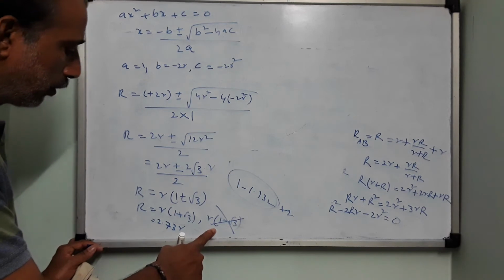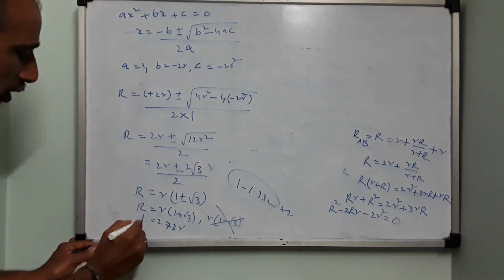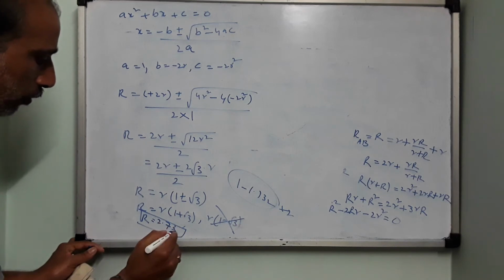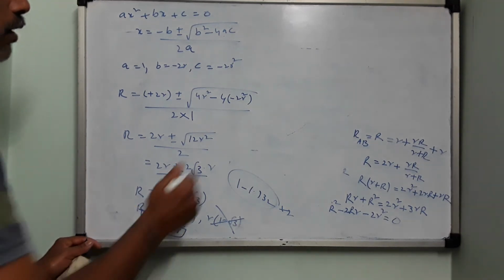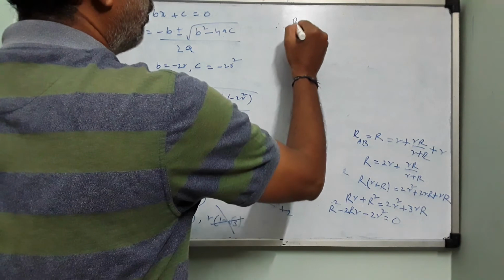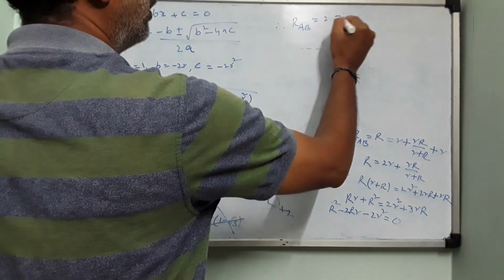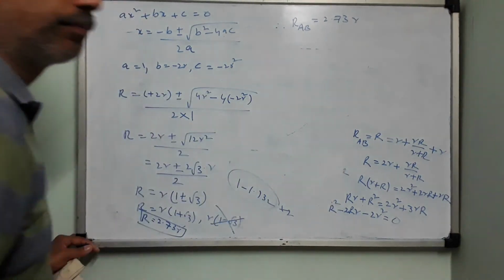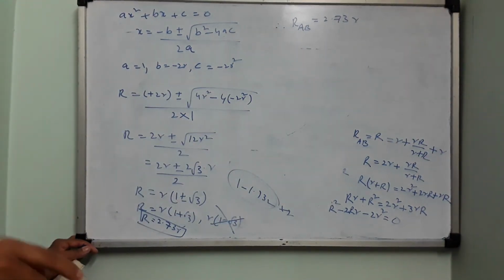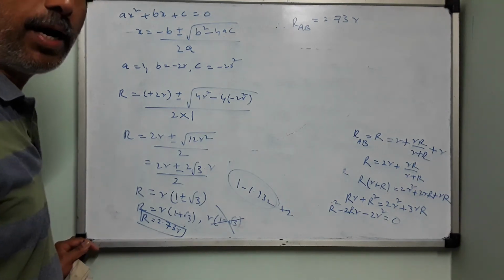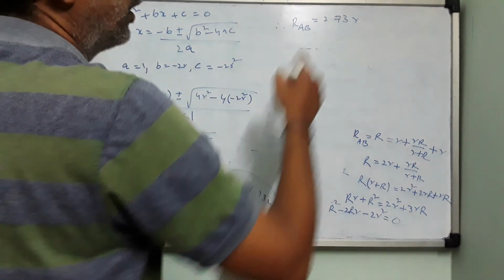So what is the answer? The answer is R equals 2.73 into R. So I write that between A and B, RAB equals 2.73 R. If R is 1 ohm, then the net value will be 2.73. If R is 2 ohm, 2.73 into 2.